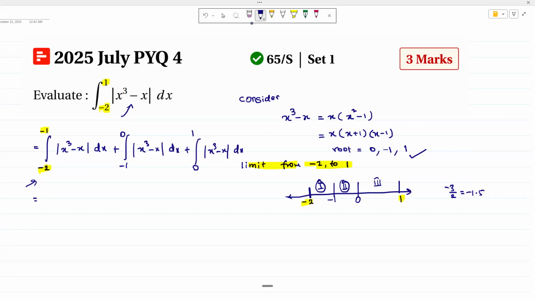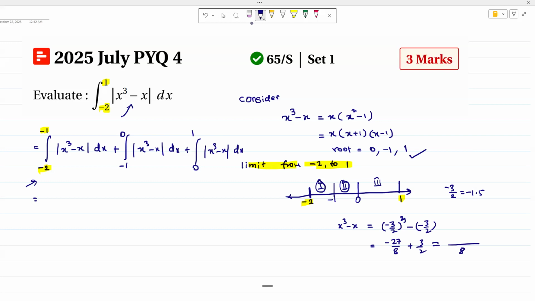So in the place of x cube minus x, I am replacing the x value with -3/2. So (-3/2) whole cube minus (-3/2). Of course it is -27/8 plus 3/2.